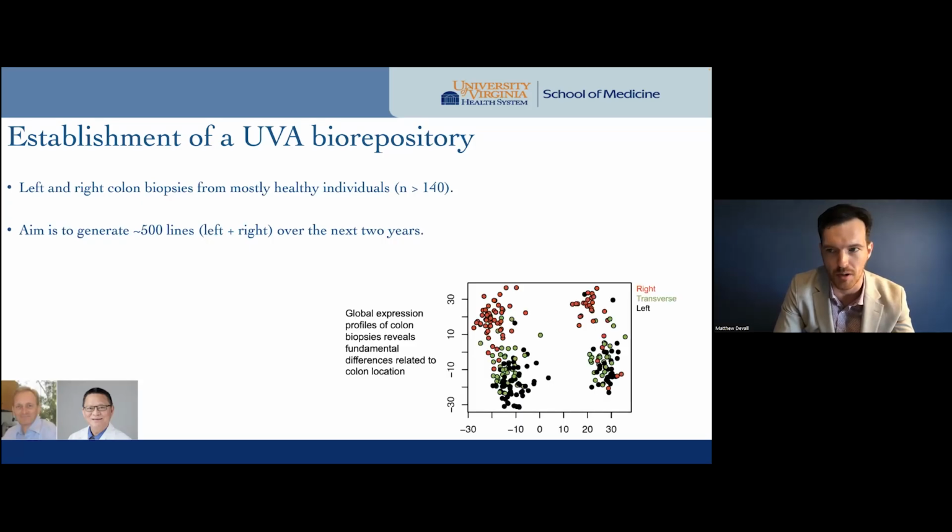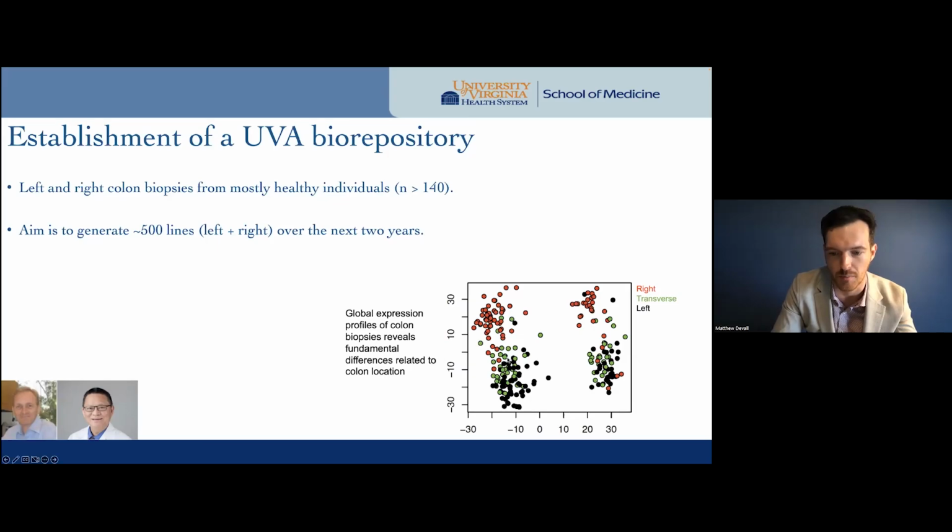And this is primarily because of some of the findings that we've identified previously from our analysis in colon biopsies, where, if you look at the global transcription profile of colon biopsies and plot them on a PCA, you can see that colon biopsies from the right and the left colon, in red and black respectively, are quite dissimilar.